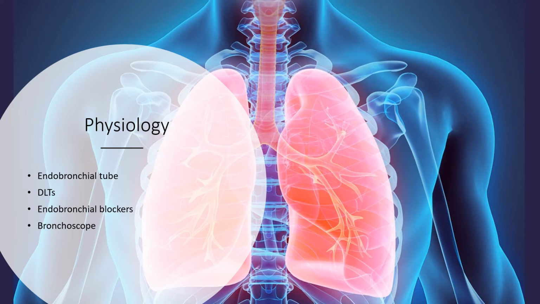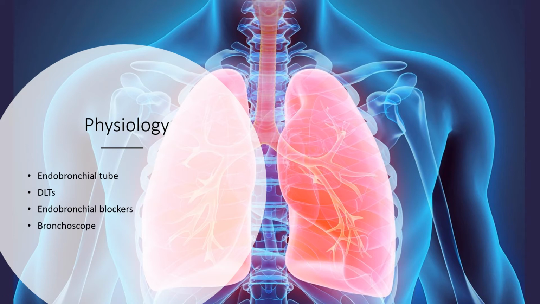It's inserted into a particular mainstem bronchus to ventilate that lung, causing spontaneous absorption collapse of the other lung. They're not commonly used, and if they are used, it's more so on children. It lessens the chance of the cuff obstructing the upper lobe bronchus.